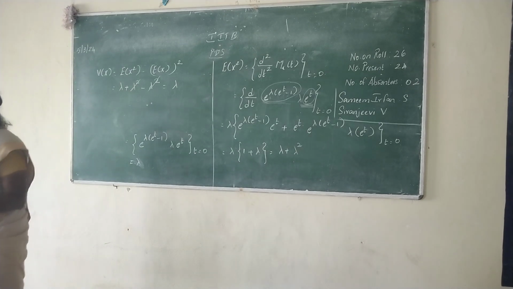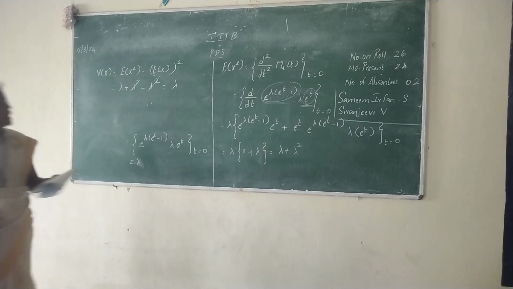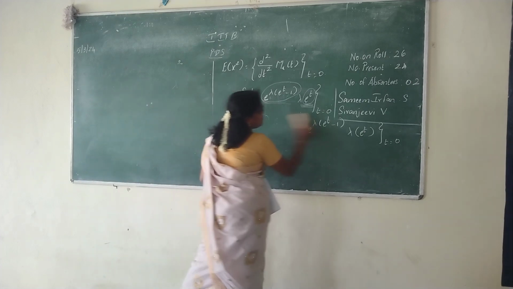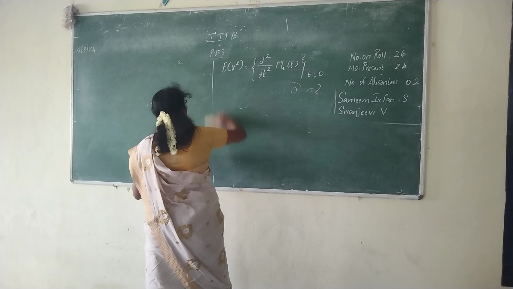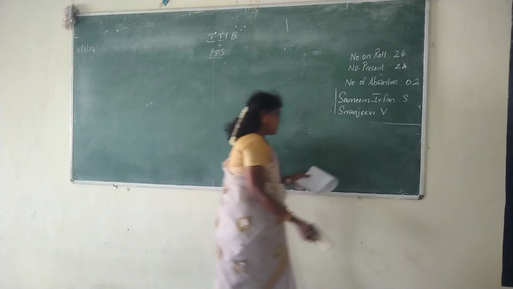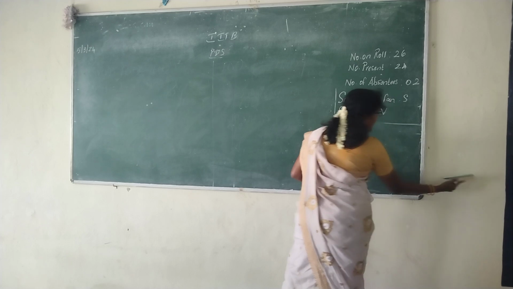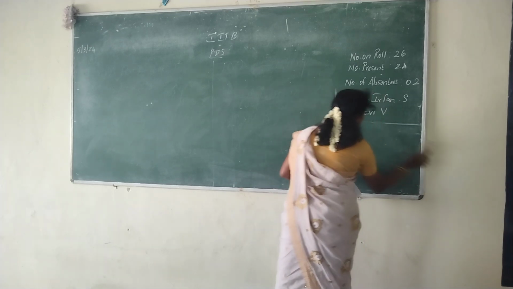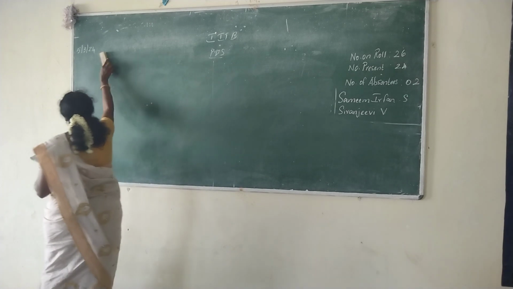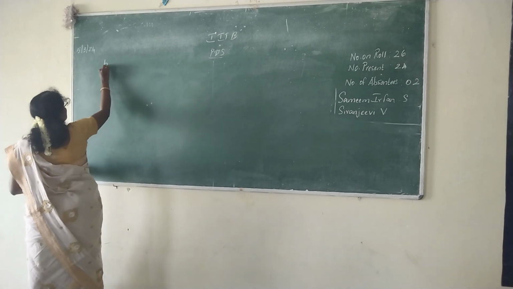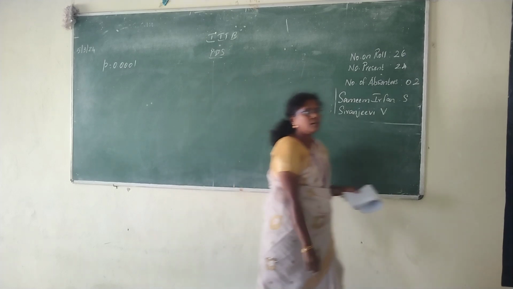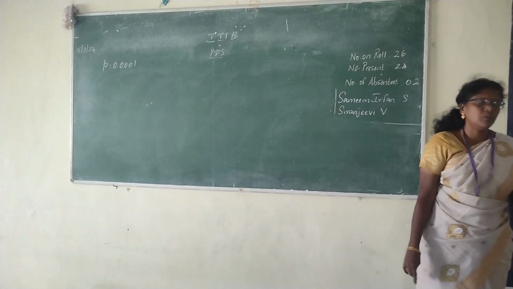First one. At a busy traffic junction, the probability of an individual having an accident is p equal to 0.001.